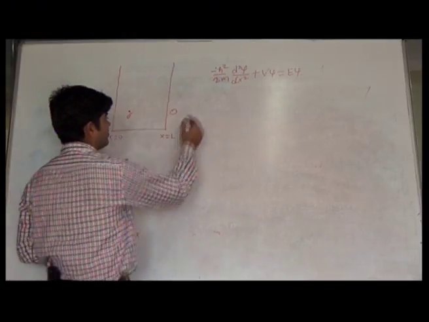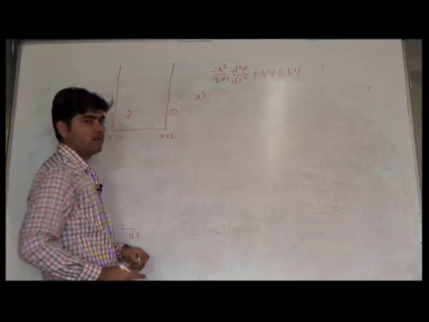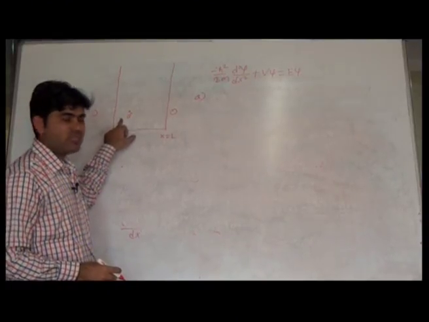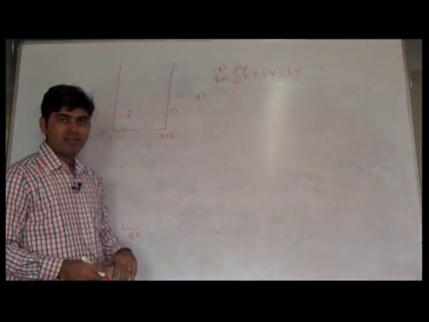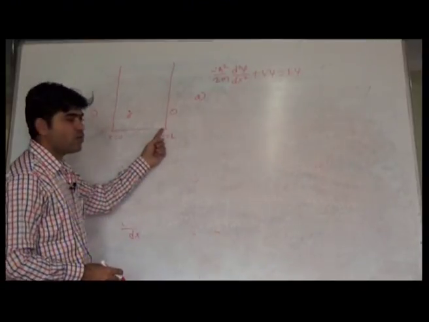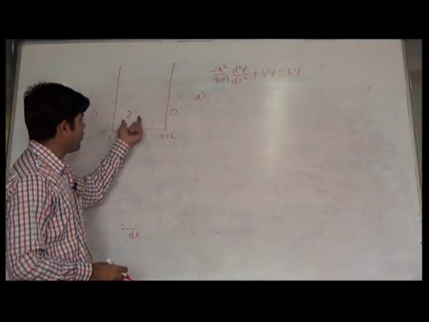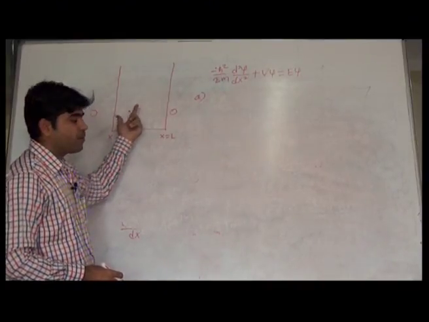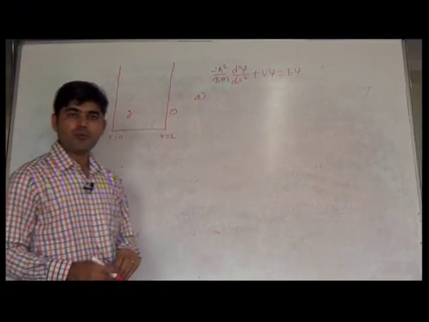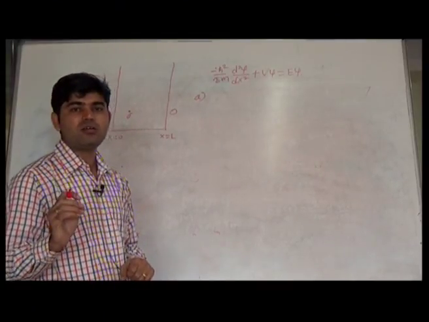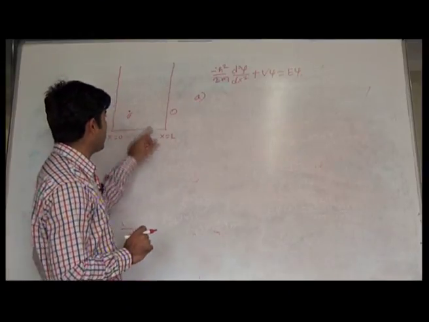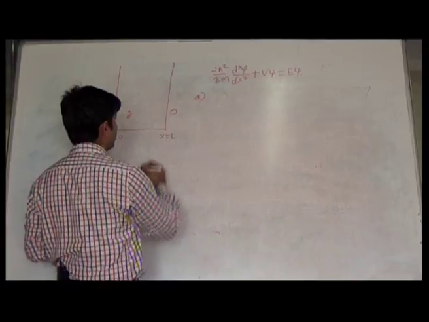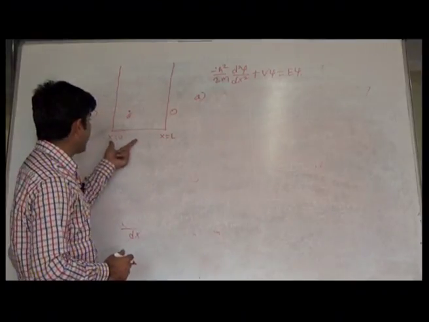First condition: if the electron is trapped inside the well, it can't jump outside the well, it can move from x = 0 to x = L, therefore the potential energy of this electron cannot change. So, for our purpose we will assume the potential energy of the electron is equal to 0 inside the well.